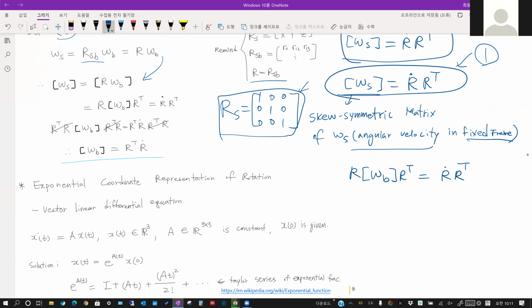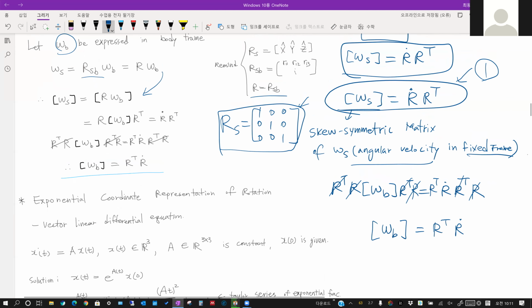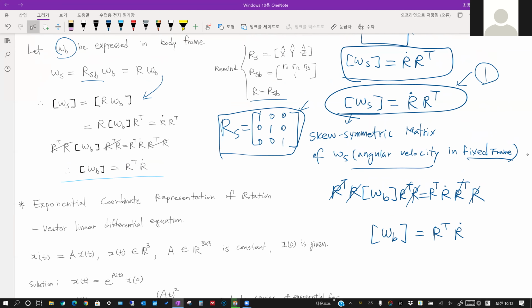By multiplying R transpose on one side and R on the other, we can cancel these terms. Then omega B bracket equals R transpose R dot. So that is our second equation we derived here.